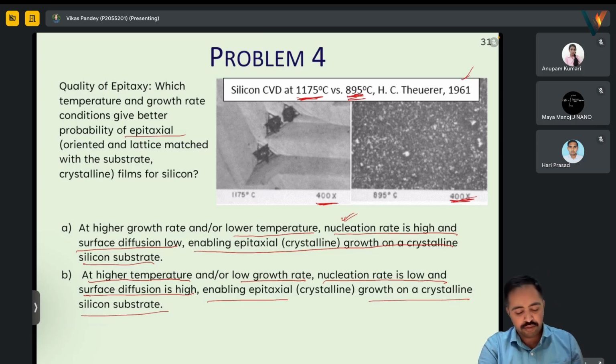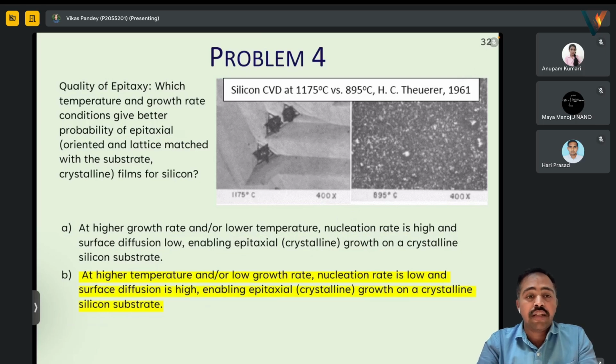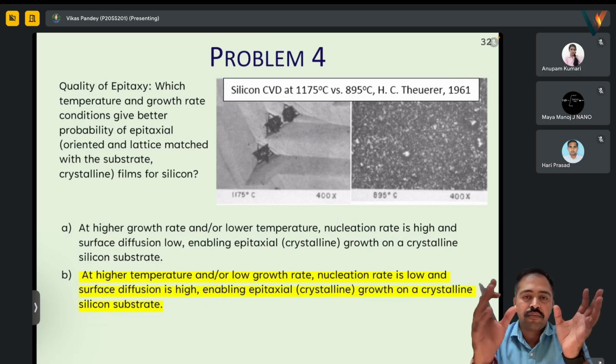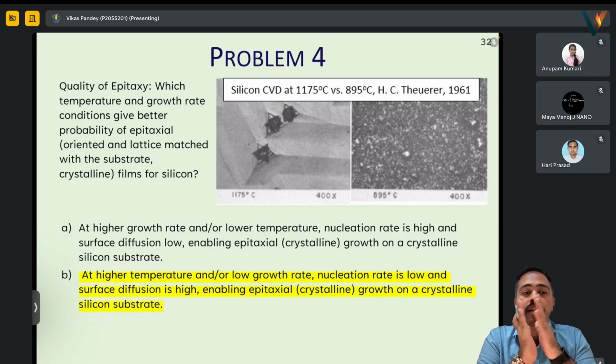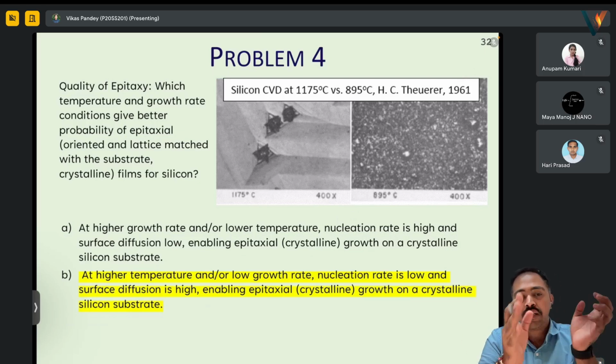Okay. So, as we have seen, just try to revise. Anyway, I will be putting the slides now. We have seen that when we have a lower growth rate, that is the nucleation is slow, the silicon is being made slowly, and then at higher temperature it will try to align to the crystal.